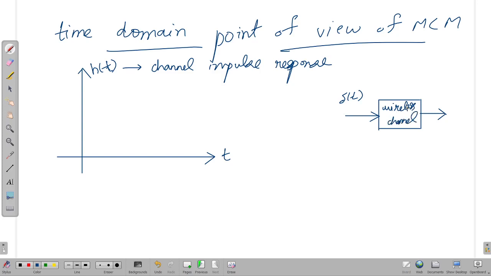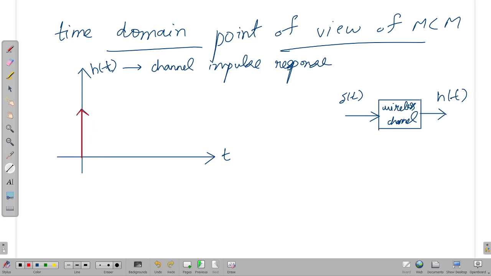You transmit an input to the system, the output is h of t, which is the channel impulse response. And the channel impulse response will look like this: you will have the first signal copy here, and the channel will have the second signal copy.